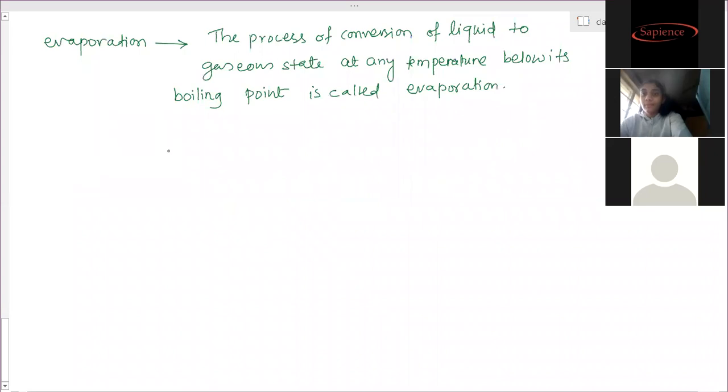Then it is difference between evaporation and boiling. Boiling does not cause cooling and evaporation causes cooling.